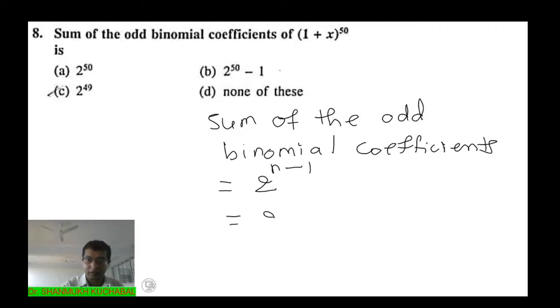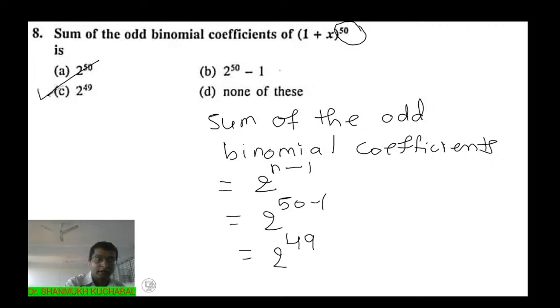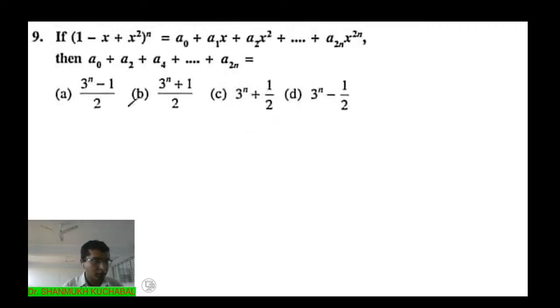See here, it is 2 raised to n. In this example, n is 50. It is 50 minus 1, that is equal to 2 raised to 50 minus 1, which is 49. Therefore, option C, 2 raised to 49, is the right answer. Okay, we'll move to our next example.